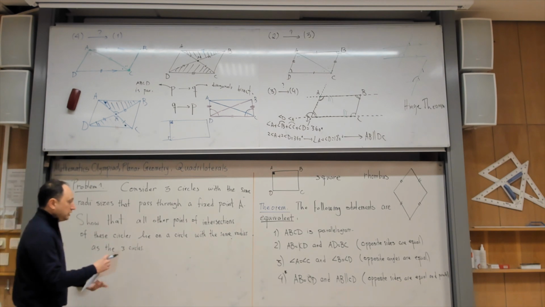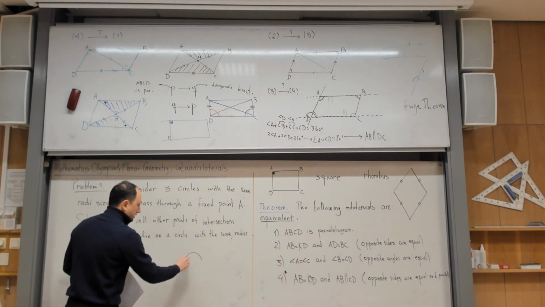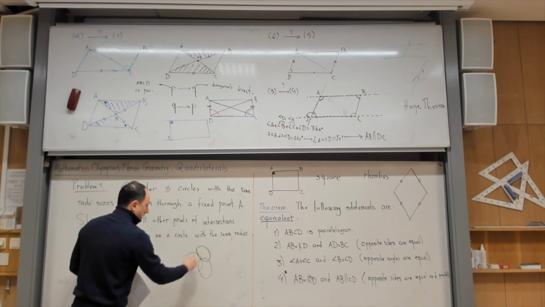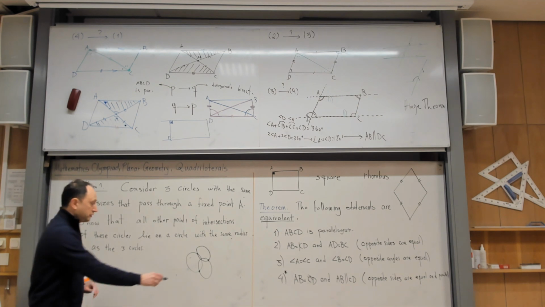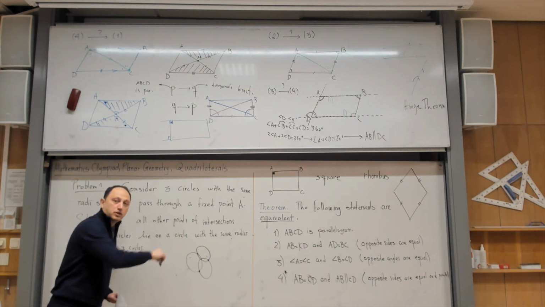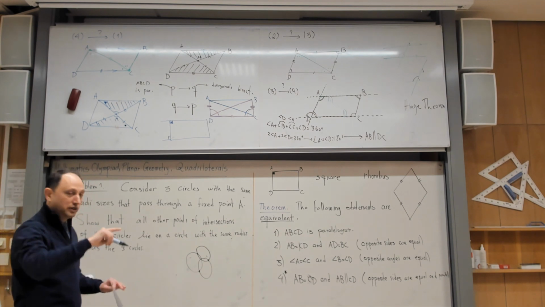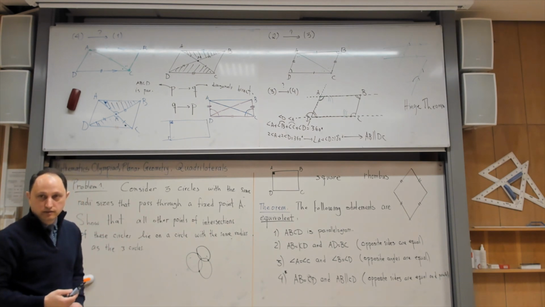Yeah, so you have a point here. I don't know how I can draw it usually. I have a circle here, another circle that passes through with the same radius, and then I have another one that passes through this one, and then I have other intersection points. I want you to prove that every other intersection point also lies on a circle with the same radius.